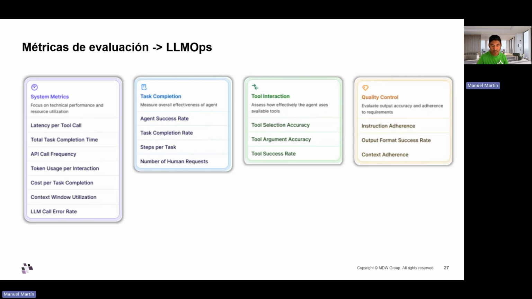We have, for example, system metrics, task completion, tool interaction, and quality control. One relevant group is task completion and tool interaction, to see how our agent is using our tools. It's not just whether this tool has a success rate. It's, for example, how many times we're using our tool. In our case of creation or information retrieval, I put a tool that explores the tickets.